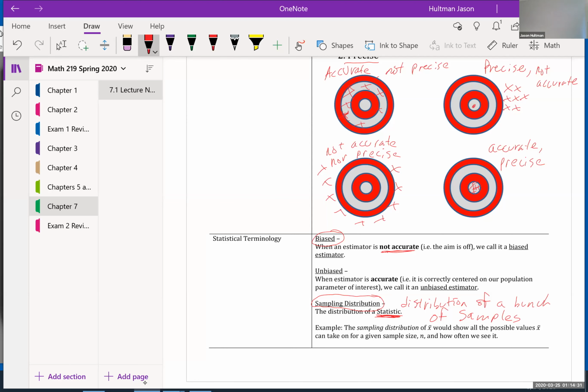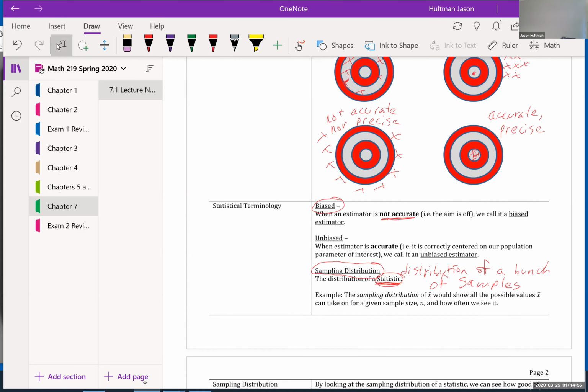Before we had just a distribution of one sample. Now we're taking an aggregate of a bunch of samples. It's not just one sample. It's of the whole statistic.